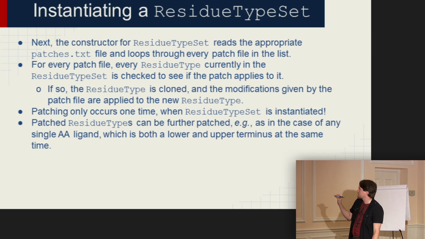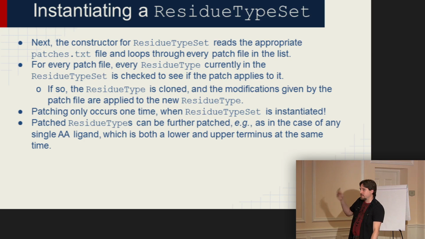And that's the patch system. So next, the residue type set code reads the appropriate patches text file and loops through every patch in the list. And for every patch file, every residue type currently in the type set is checked to see if the patch applies to it. So it's a very combinatorial expansion kind of thing.